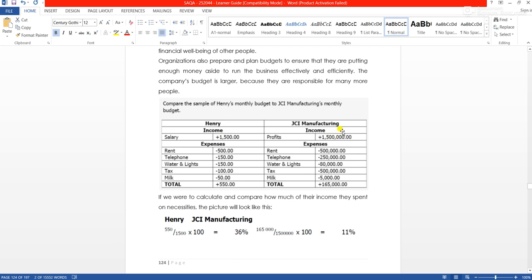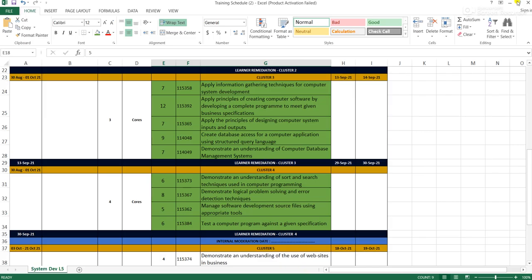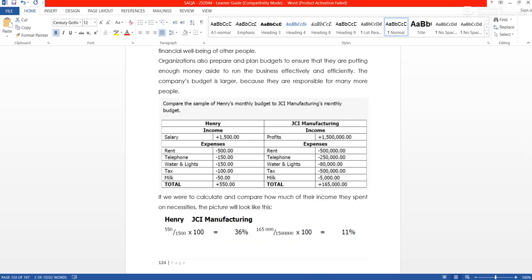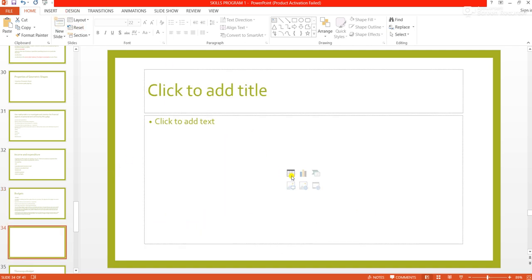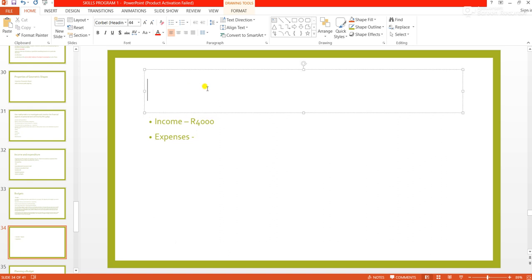So what we'll do, we'll create our own budget based on the stipend that you receive. Okay, so now I'm creating a budget.